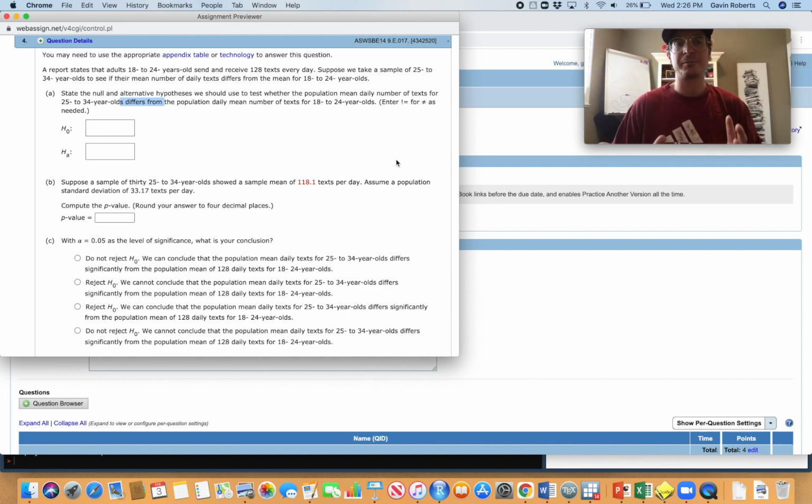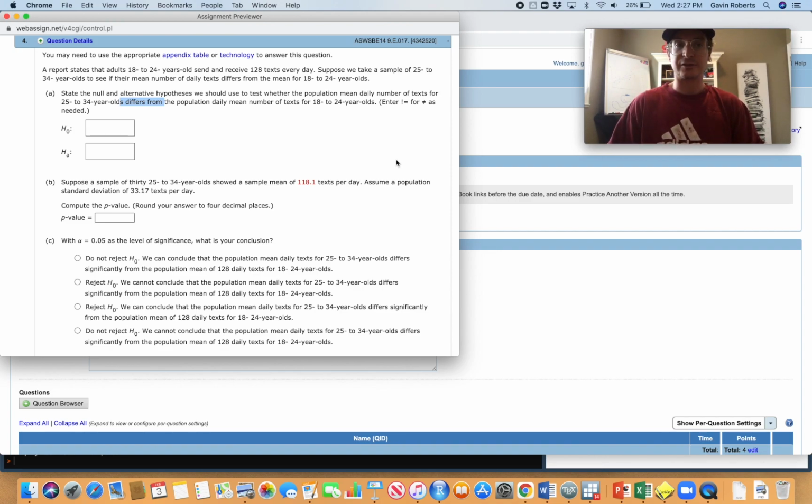So if you remember from my earlier videos about hypothesis testing, I think 2.1, there's really three types of hypothesis research questions we could have: less than, greater than, or different than. And you can use a lot of different words to say those same things, but they'll always be in one of those three categories. And so this is obviously in the differs from category.